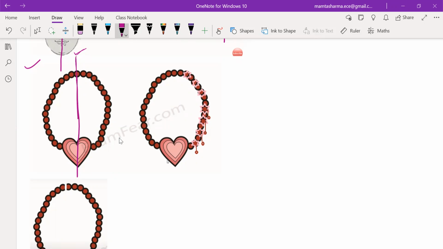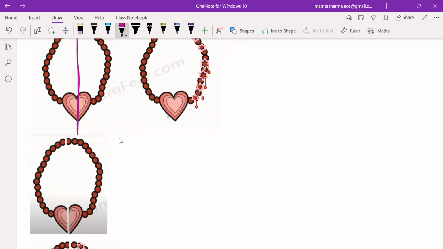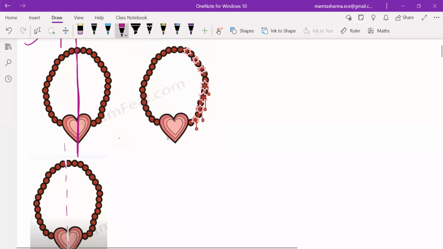By using this line, you can divide this heart and the number of beads into two equal halves. You could draw a line of symmetry such that it will divide the necklace into two equal halves. Now is it possible if I draw the line of symmetry horizontally? No, ma'am. It will not divide this necklace into two equal halves.